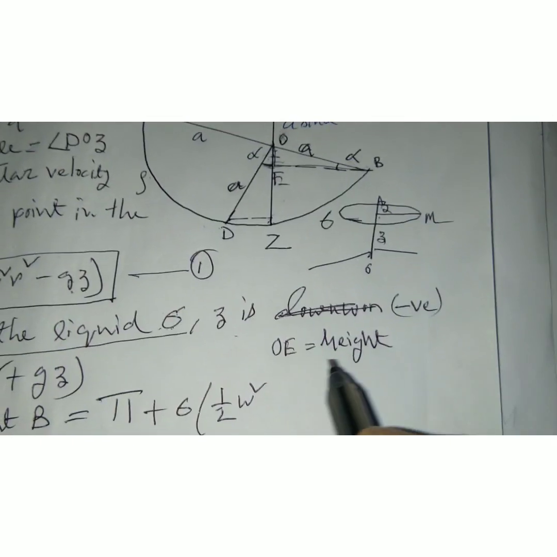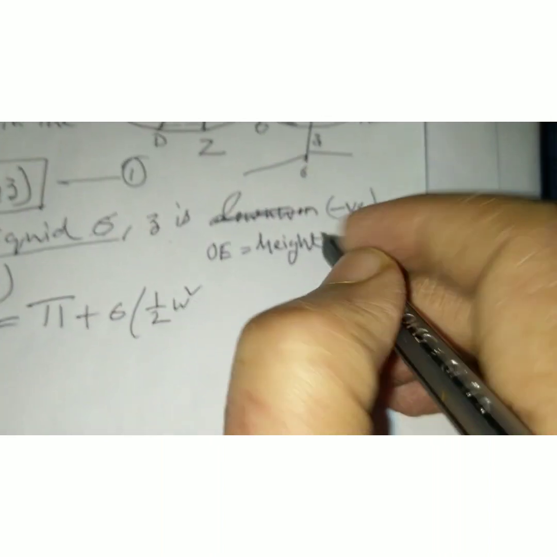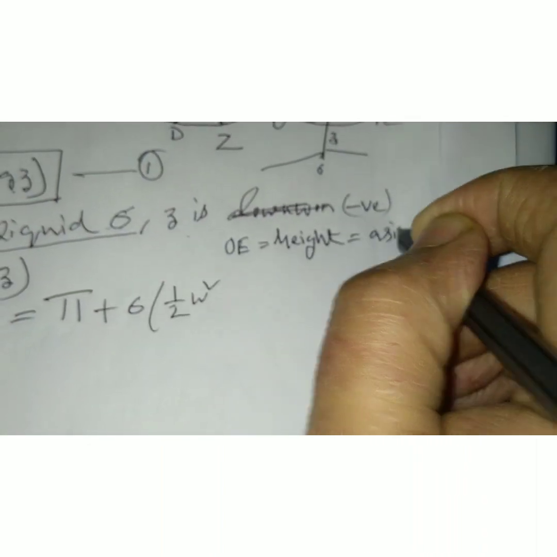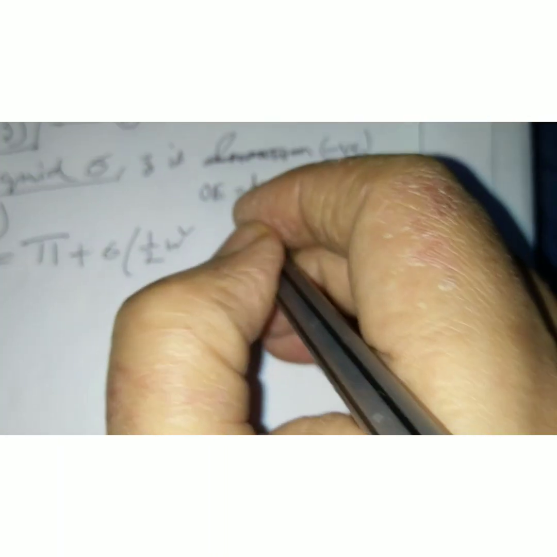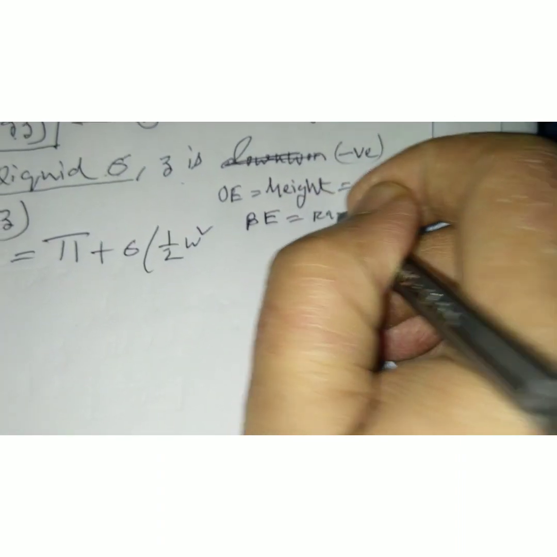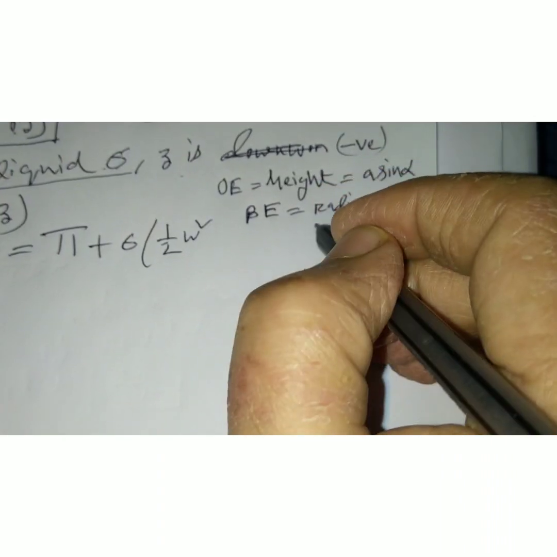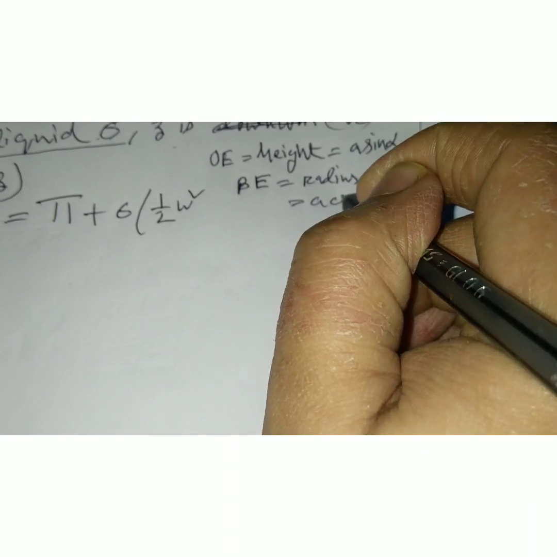OE is height, and this value OE is equal to A sin alpha. And R is this value, BE. E is radius, equal to A cos alpha.